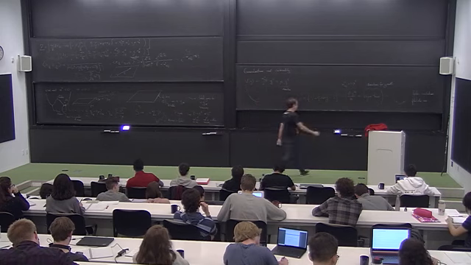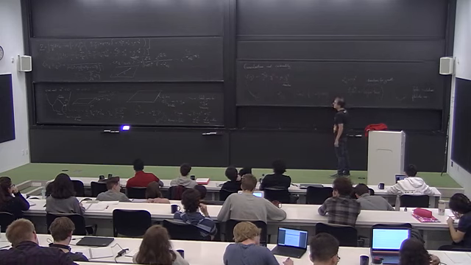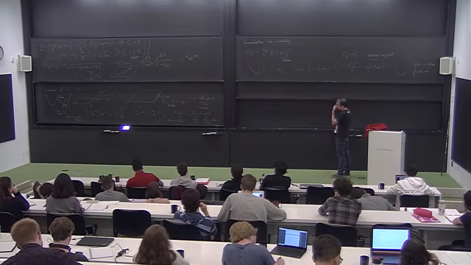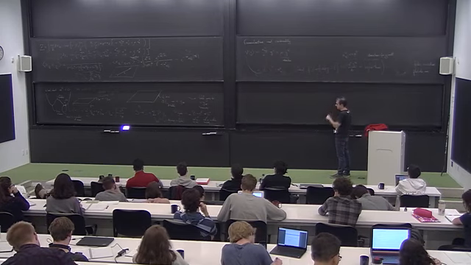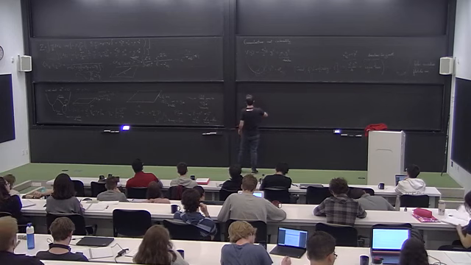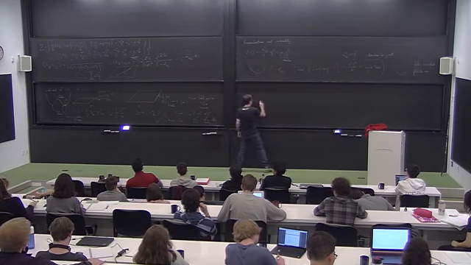Now, what could we expect qualitatively to happen to such a table when we have these two potentials?